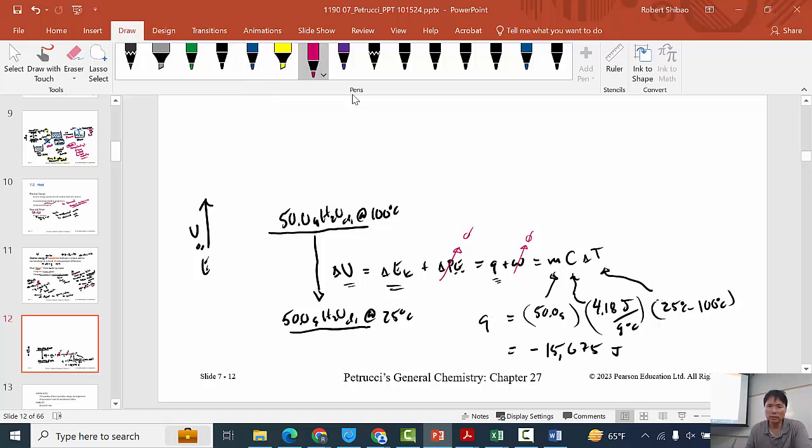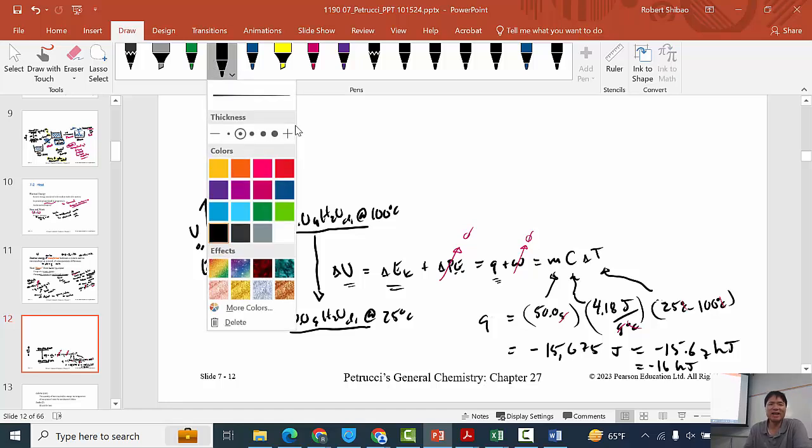You just got to make sure the units cancel out. Grams, degrees C cancels out. And then we just convert this into kilojoules. So minus 15.67 kilojoules here. Actually, we should only have 2 sig figs, sorry. This should be minus 16 kilojoules. We get 2 sig figs because the temperature changed, only 2 sig figs. It's 75 degrees. Minus 16 kilojoules.